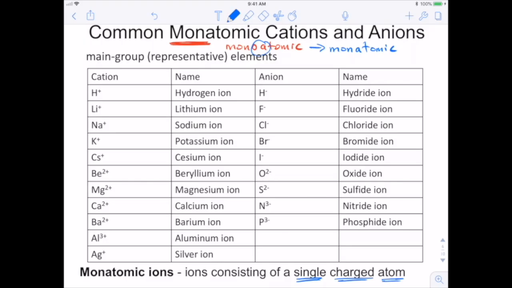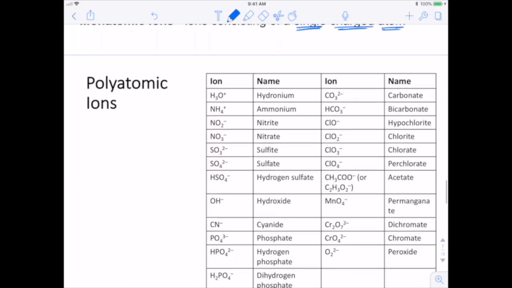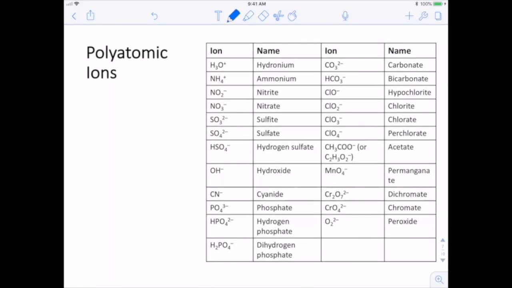Now, I make a point of this because there's also something that we call polyatomic ions. As the name implies, they have many atoms, poly, not just one. And it turns out these are held together by covalent bonds. We haven't talked about those yet. Now, normally, something that's held together by covalent bonds, we would just call that a covalent compound. It's a molecule.